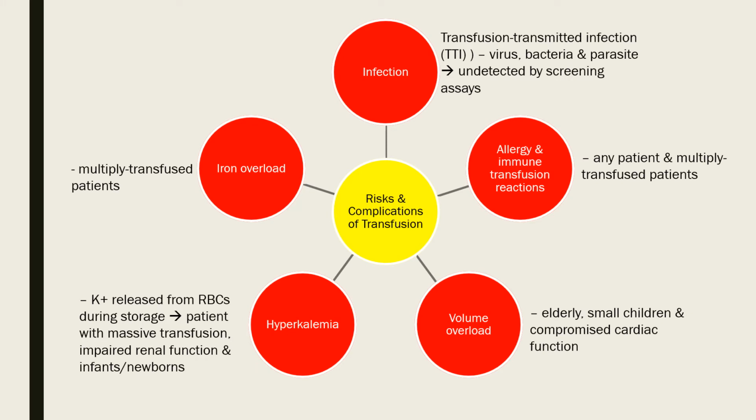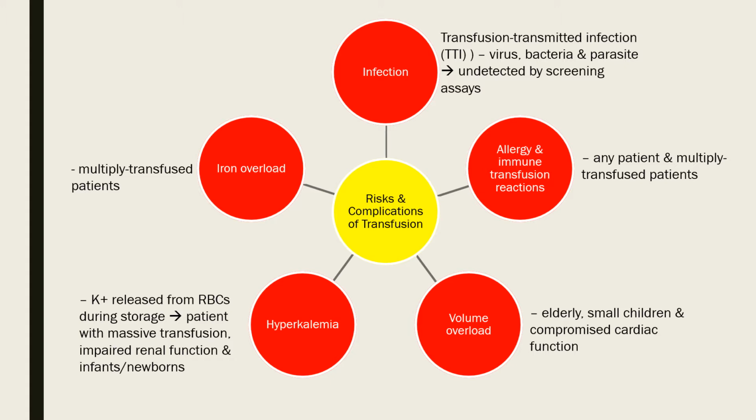This diagram simplifies what are the risks and complications following blood transfusion. So the first thing that is commonly associated with transfusion risk is the infection. In blood bank, we used to call it transfusion transmitted infection, also known as TTI. So this TTI can either be from virus, bacteria, or parasite.